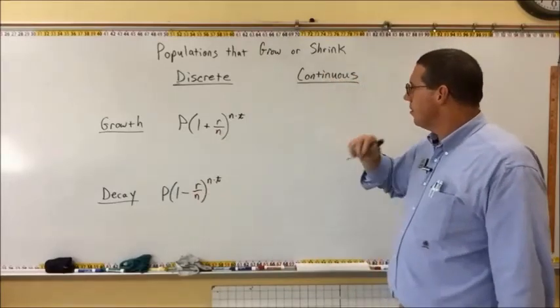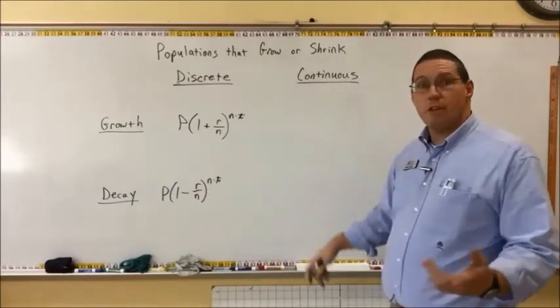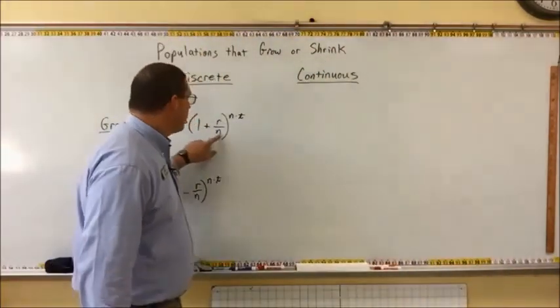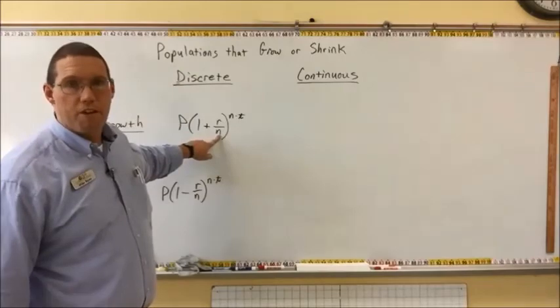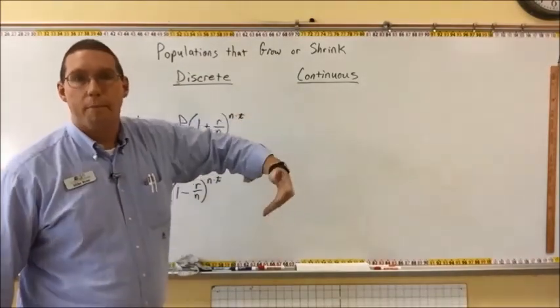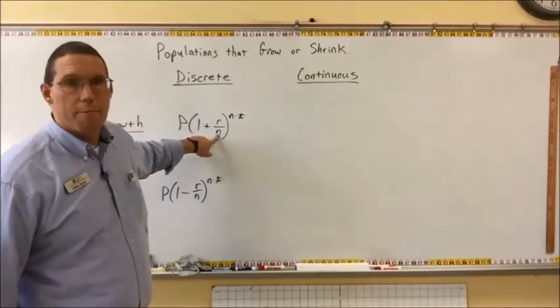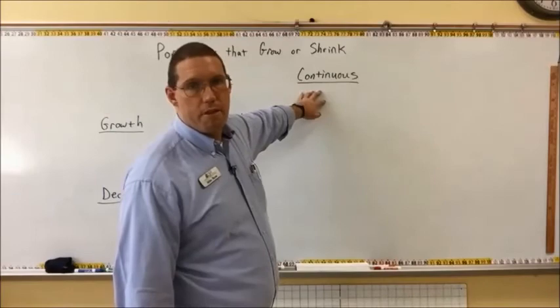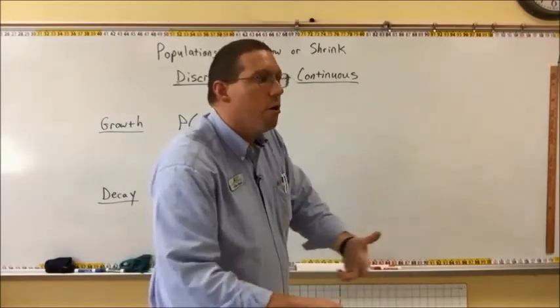Now let's go over to the continuous growth formula. Remember this one, the continuous formula, instead of having an n, because it doesn't grow only a certain number of times in a time period. This is growing continuously all the time. So you can't say it only grows 12 times per year. This is growing 5 trillion times a year because it's continuously growing.